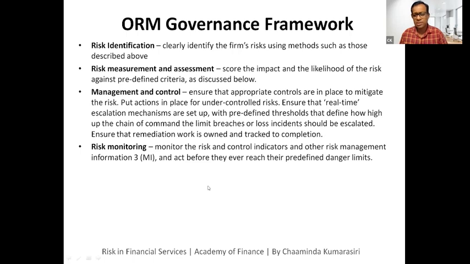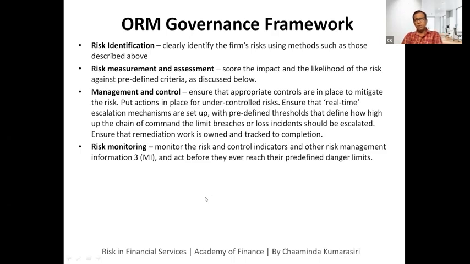Now, this tells you another aspect, because for you to have this kind of accurate information, for you to do the monitoring part, you need timely information, right? That means you need to have a strong management information function within the organization that disseminates information efficiently in a timely manner, right?